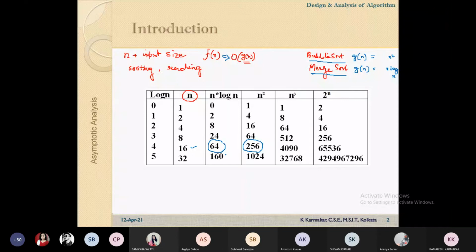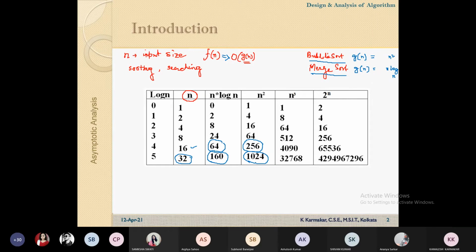Now, if we consider that the value of n is 32, just doubling the previous value, its time consumption here is approximately 160, but here this value is 1024.